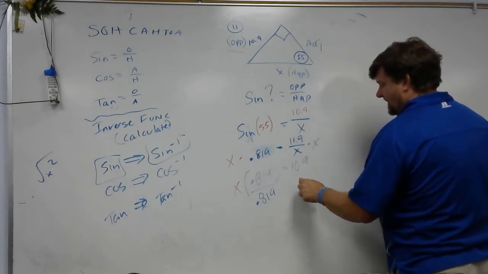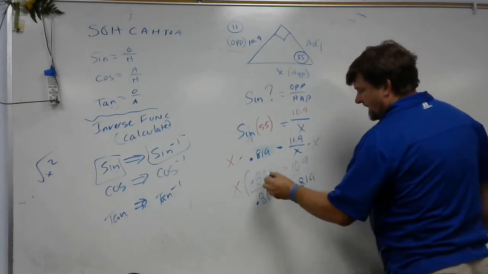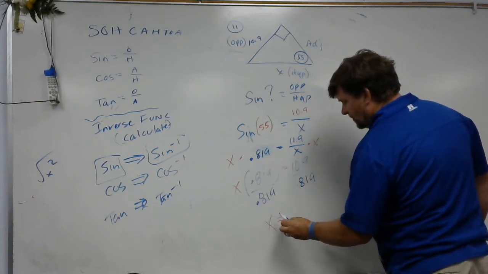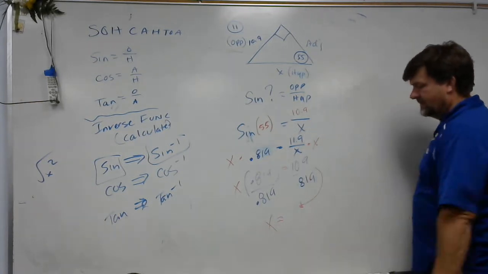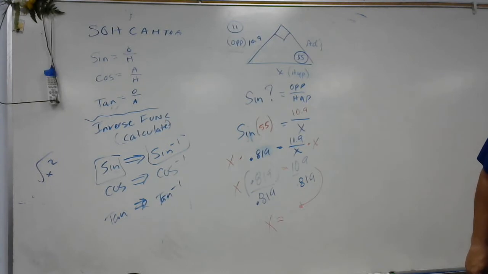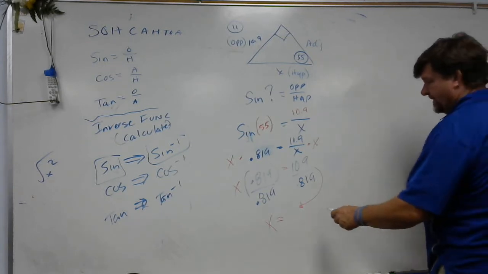Divide this by 0.819, and then x will equal whatever that calculator gives you right there. Let's just do it, just because we're cool like that. So 10.9 divided by 0.819, touchdown of 13.3.